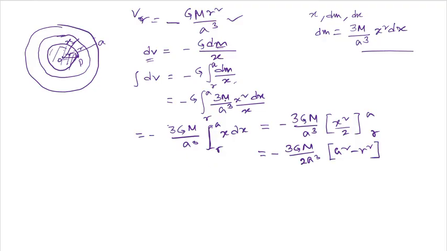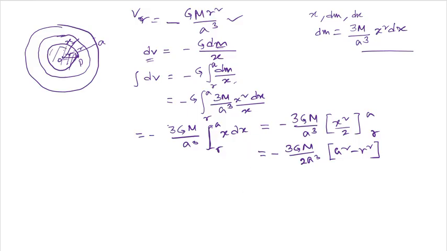So the final formula is minus 3GM by 2a cubed, times a squared minus r squared.